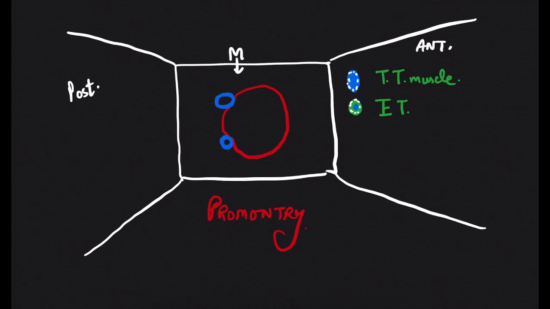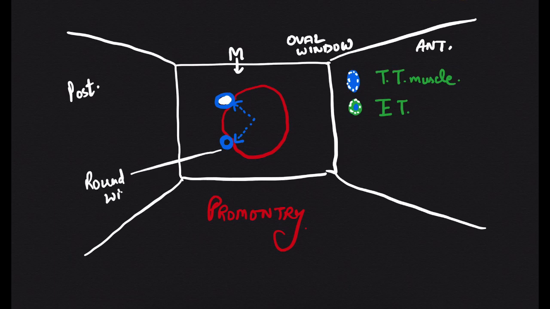Behind this promontory, posterior superiorly and posterior inferiorly, there are two fenestrae. The one which is posterior superior is the oval window, and the one which is posterior inferior is the round window.